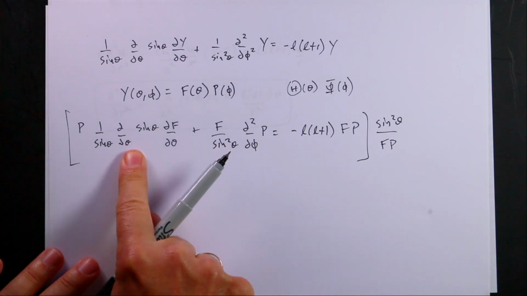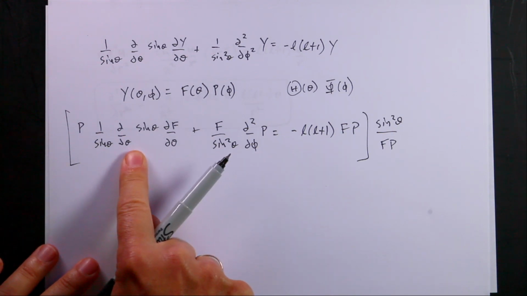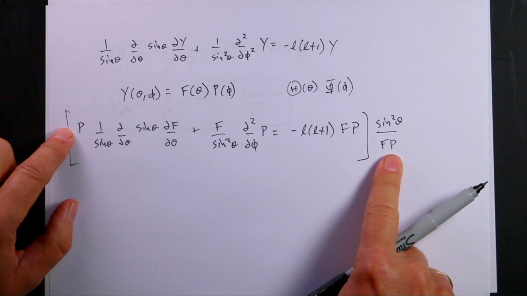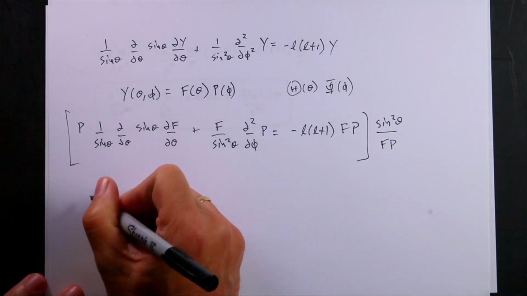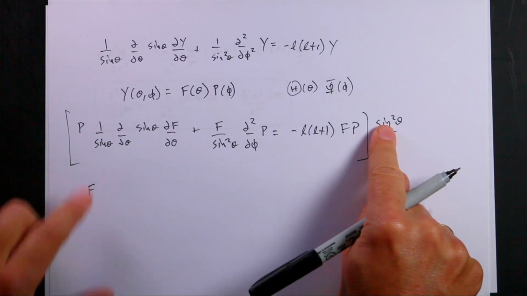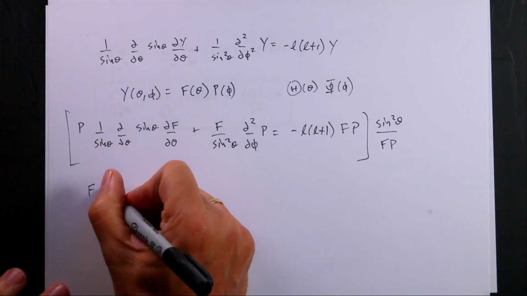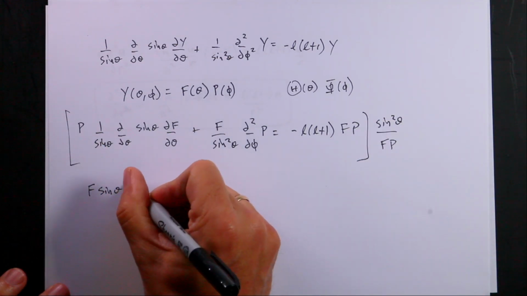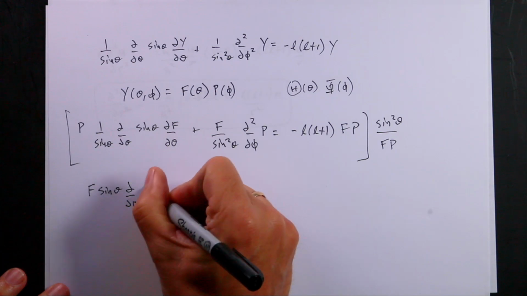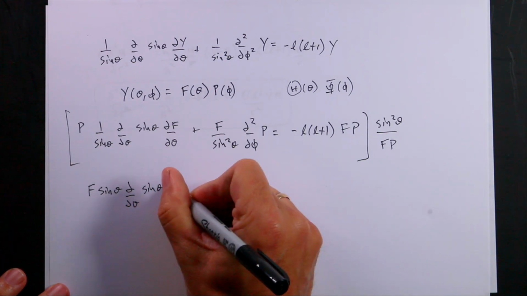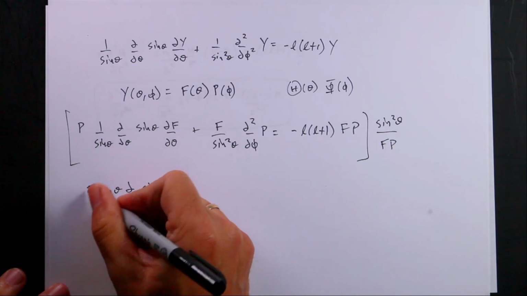And that means that this will only depend on theta. So let's do that. So right here, the p's cancel, and I get f, and then I have a sine squared divided by sine. So I get just sine theta, partial with respect to theta, sine theta, partial, oh, that's 1 over f.